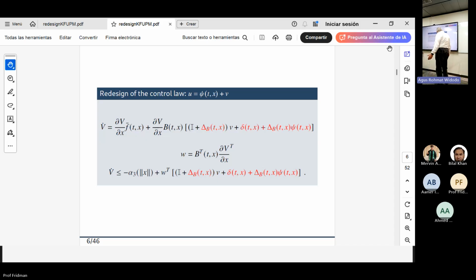So we need somehow to put as a new control something which is opposite of the sign of W.